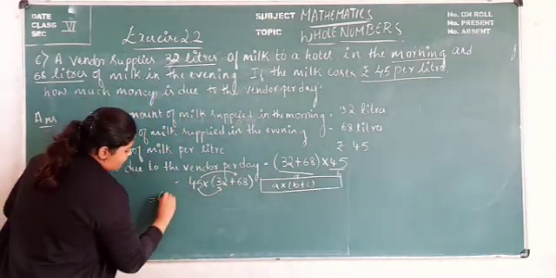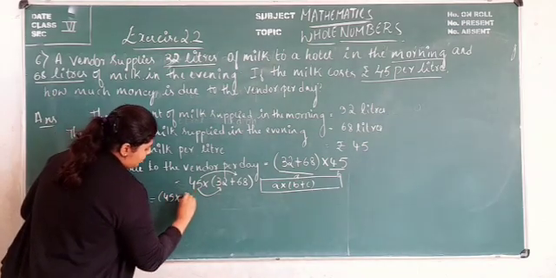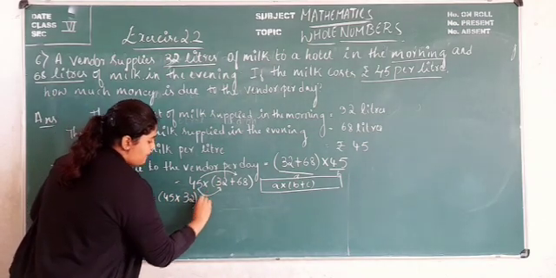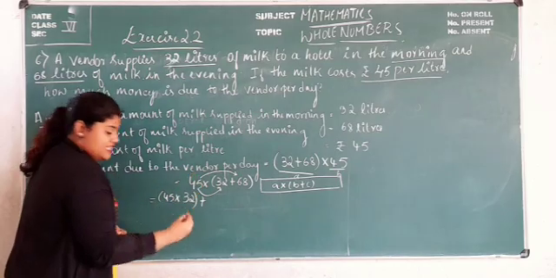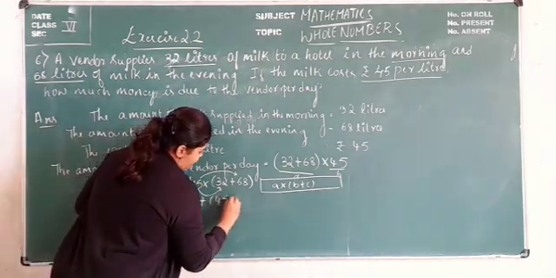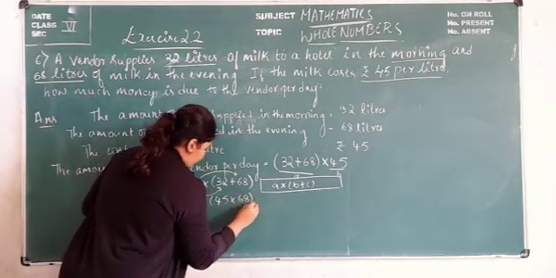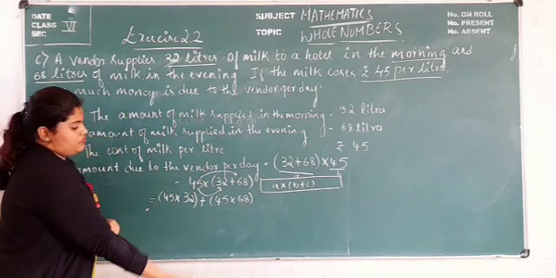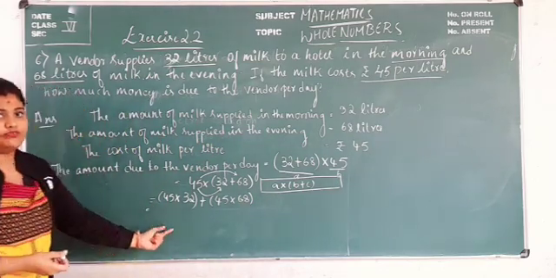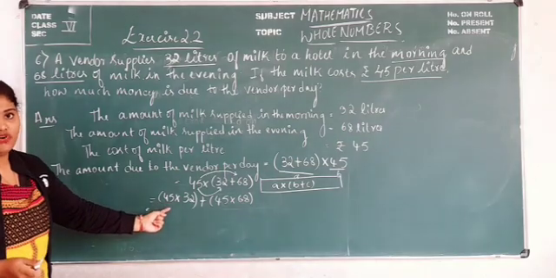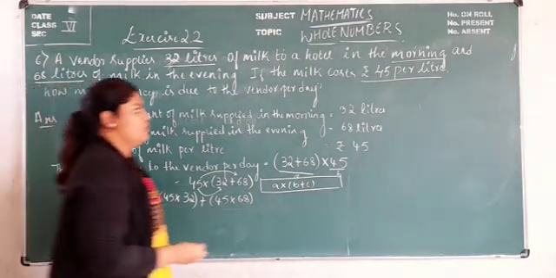So 45 into 32, then plus 45 into 68. So what has to be done? Yes, first we have to solve the bracket, so that is 45 into 32.